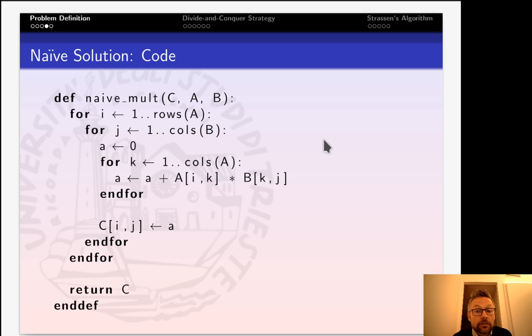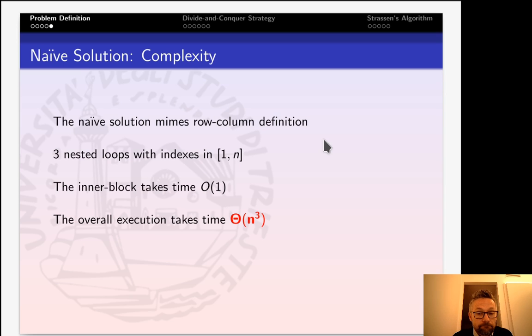This is inserted inside another for loop, and so we have complexity theta of n square, and then we have another loop, and so we have theta of n to the power of 3. Okay, this is all. So the complexity of the naive solution is theta of n cube.